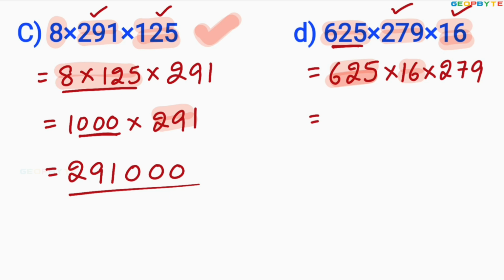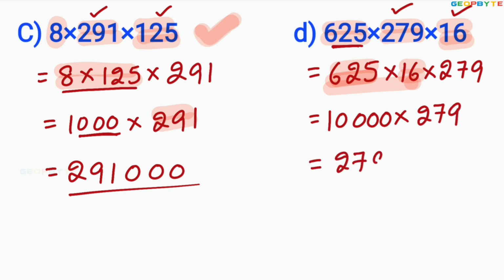Dear students, 625 into 16 is 10,000. 10,000 multiplied by 279. Then you write 279. How many zeros are there? 4 zeros. Put here 0, 0, 0, 0. You got your answer. 279,0000 be the product of 625, 279 and 16. I hope all you are clearly following.